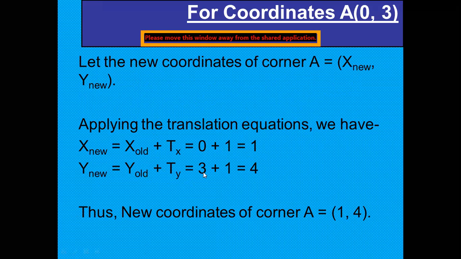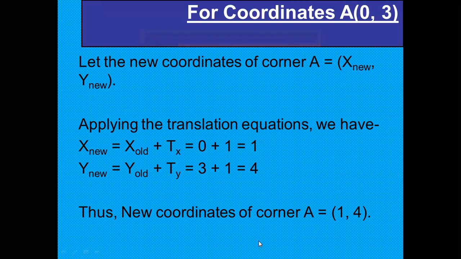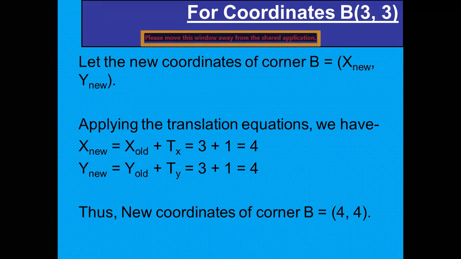Similarly, 3 is given against vertex A, and ty is 1. So the new coordinates for vertex A are (1, 4). Okay, (1, 4) is the new vertex for A.